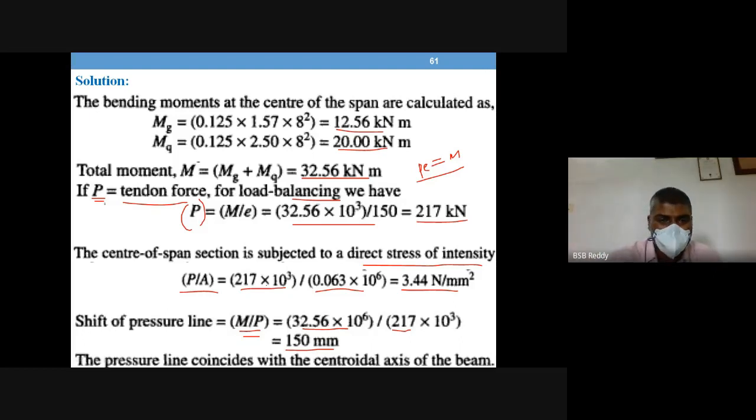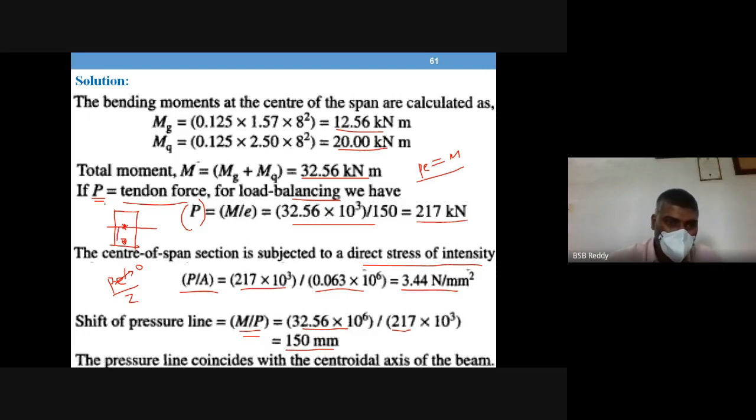So that is why you don't have P E dash by Z, it is absent because E dash is 0. The reason behind that is if you take this cross section, where the cable is here, it's the CG. So it happened in this case that the compression line is passing through the center of the cross section.